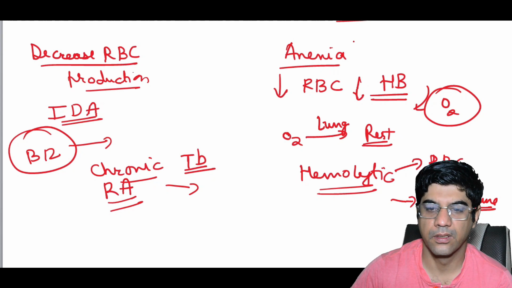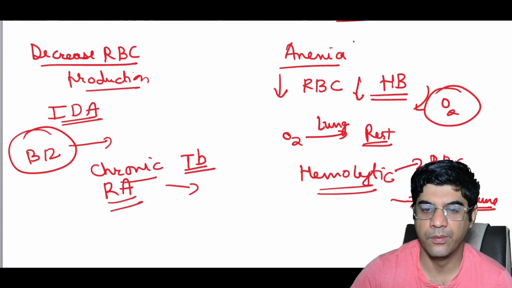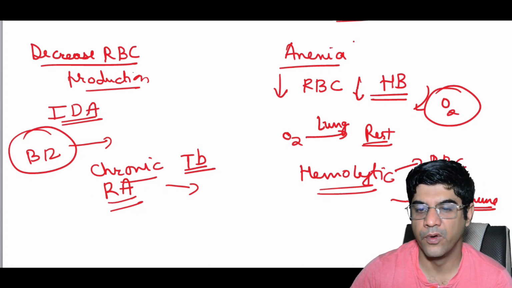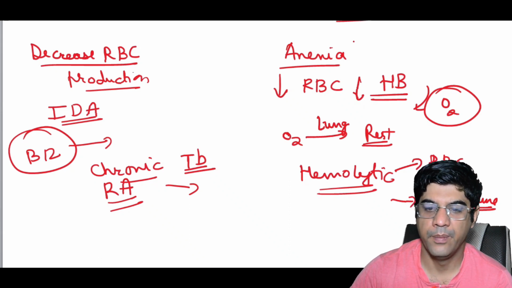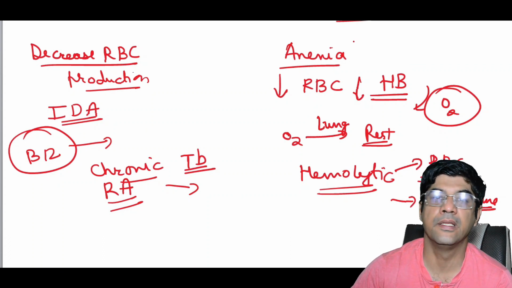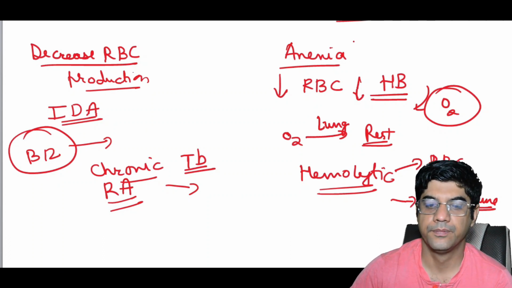So the tests that can be done are RBC count, hemoglobin level, hematocrit, mean corpuscular volume, mean corpuscular hemoglobin, and mean corpuscular hemoglobin concentration, that help to identify the underlying cause.